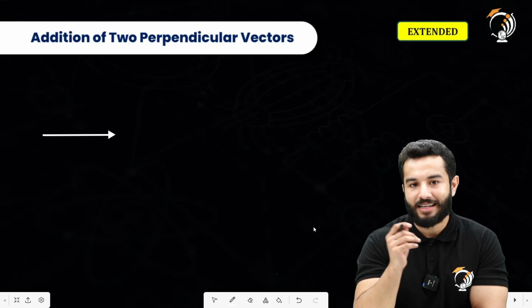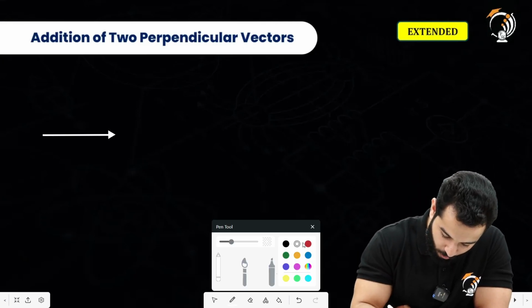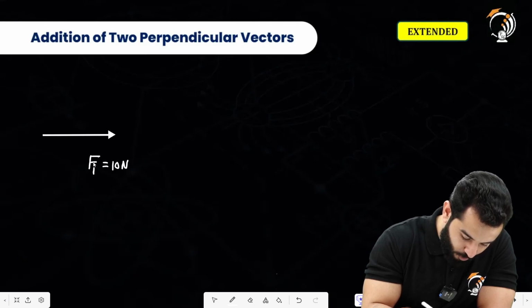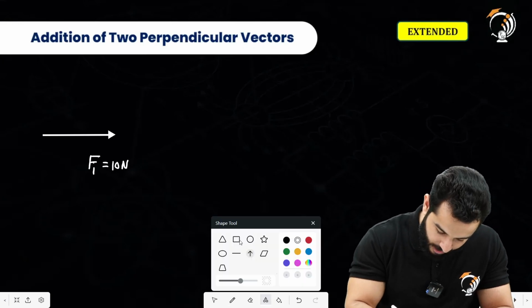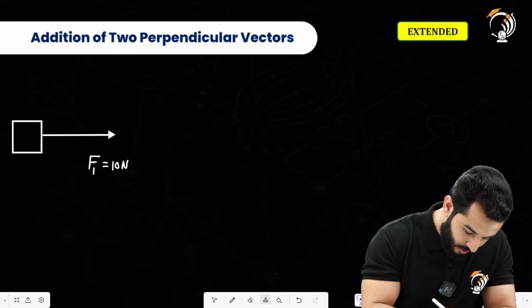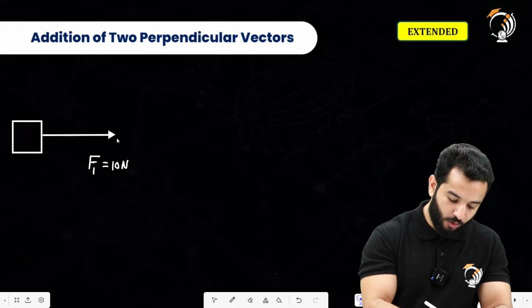I'll explain it in a different way. Let's suppose this is a force. This is a force of 10 Newton, and let's say this is the F1 force. You're trying to apply a force on a body. Let's say we have got a body kept at this point, and you're trying to apply a force of 10 Newton in this direction.